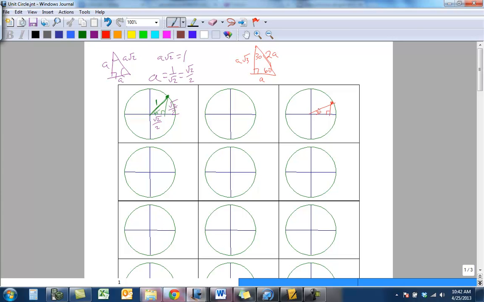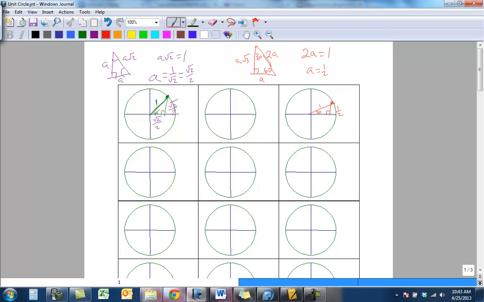Now again, the radius here is 1, which means the hypotenuse is 1, which means that A is 1/2. Now, if A is 1/2, that means that this side is 1/2.